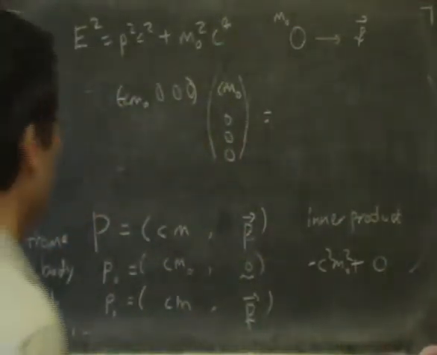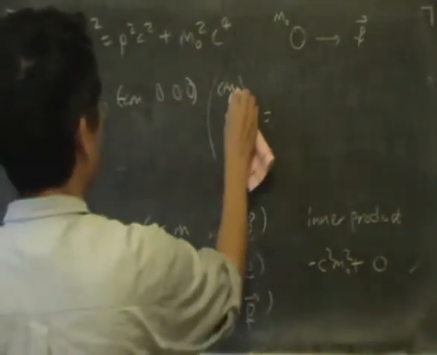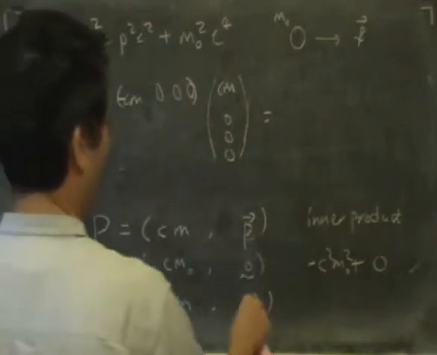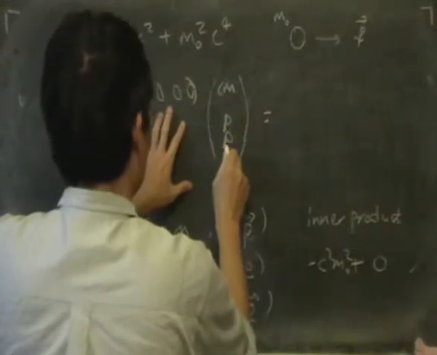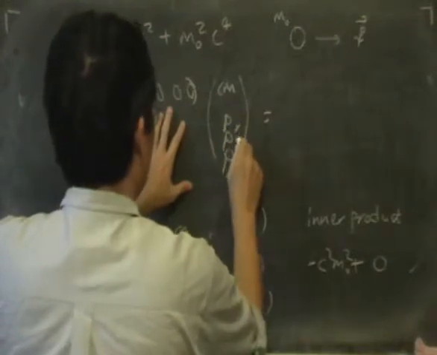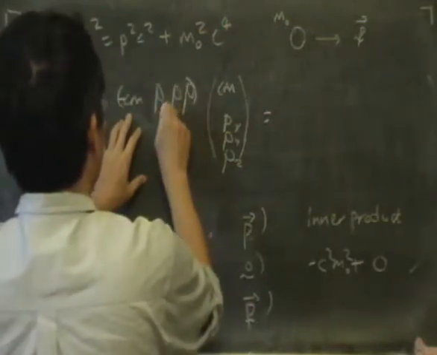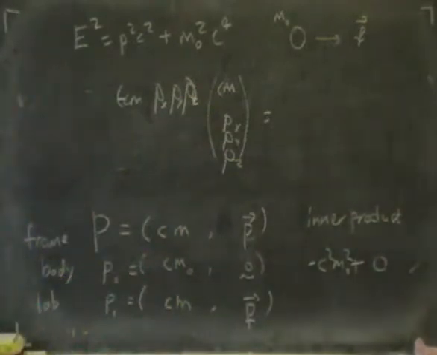Likewise for that one, now instead of the rest mass, we have the relativistic mass, and we have this P vector there. So all these are P's now, Px, Py, Pz, 3 components.